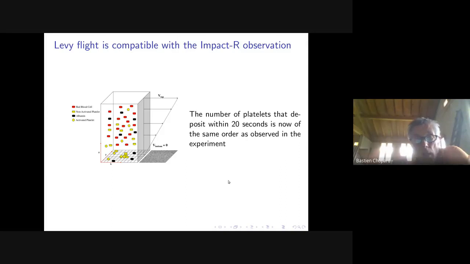So it means that we have evidence of a Levy flight from this fully resolved simulation, but this Levy flight is totally compatible with the number of platelets that moved away from the bulk within this 20 seconds. Again, something we cannot reach with a fully resolved simulation.